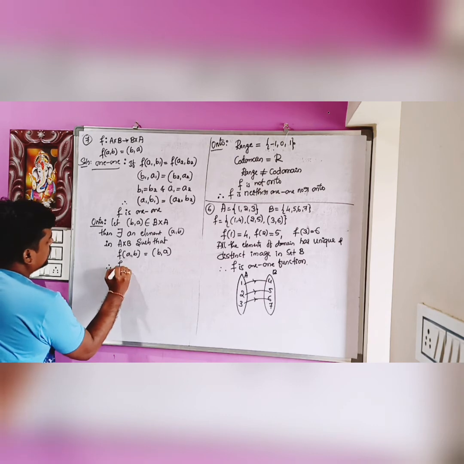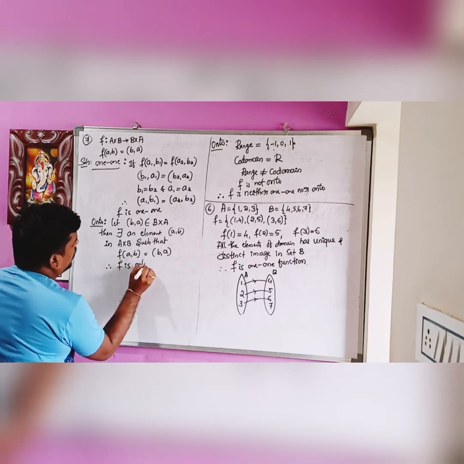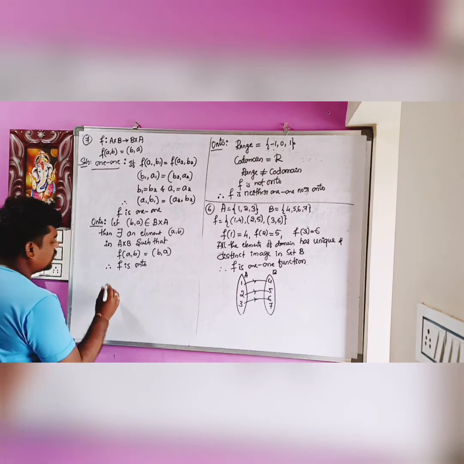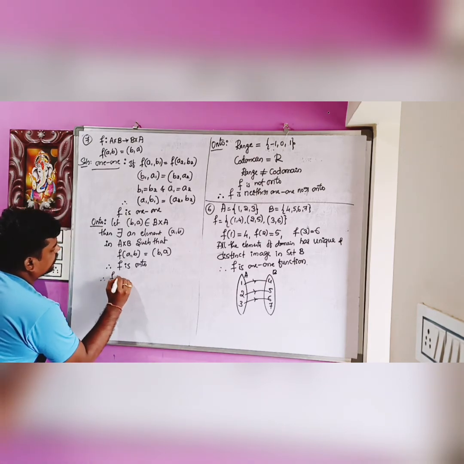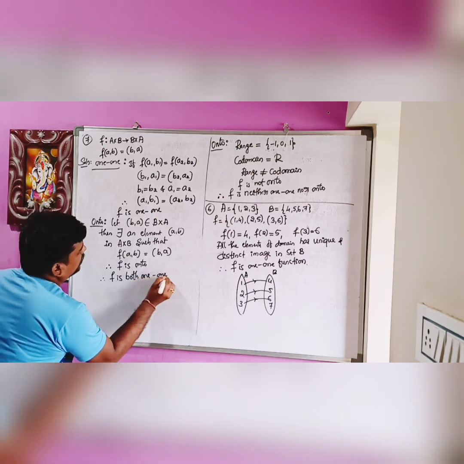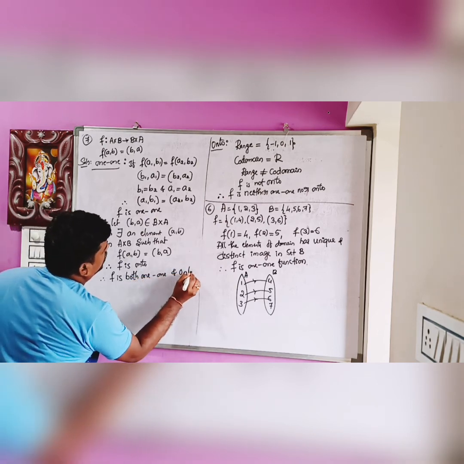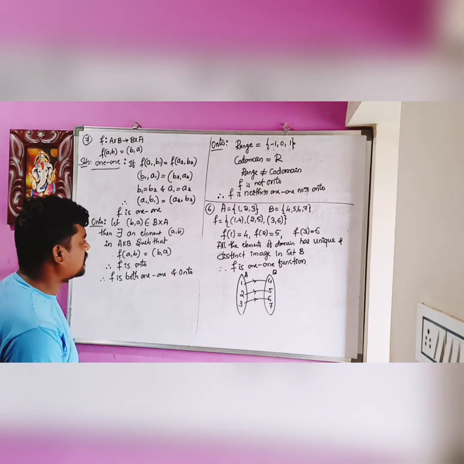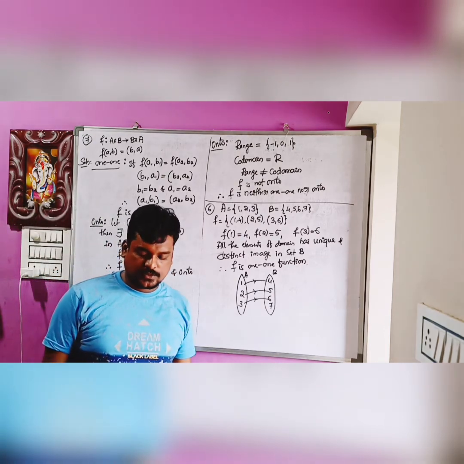Therefore, this is enough for saying that f is an onto function. Since f is both 1-1 and onto, therefore we can say f is a bijective function.